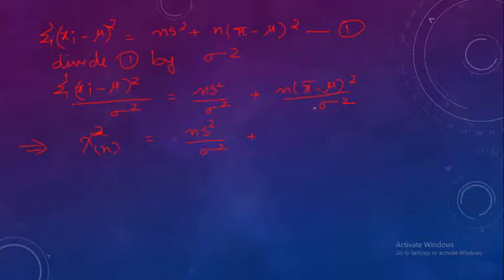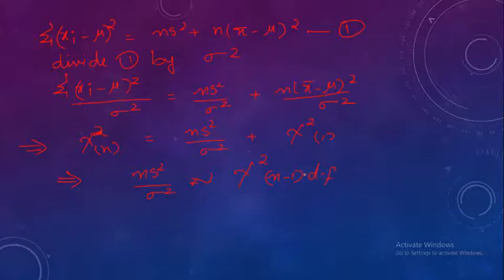This follows a chi-square distribution with 1 degree of freedom. Which implies n s square by sigma square follows chi-square distribution with n minus 1 degrees of freedom.